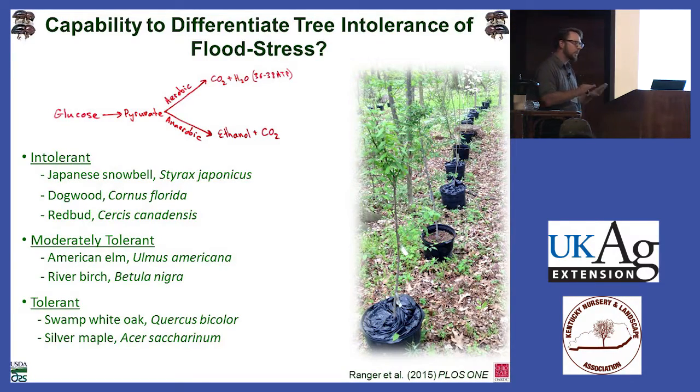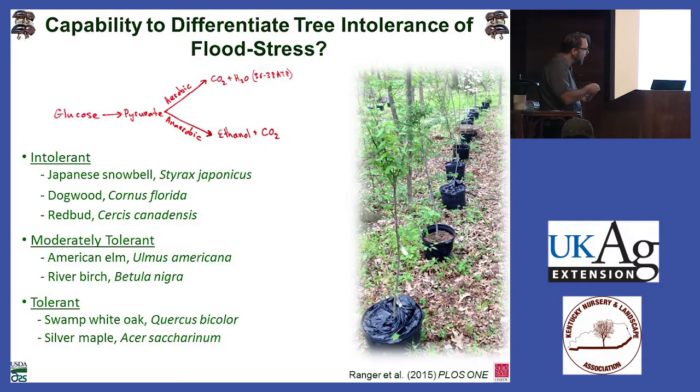There are some exceptions, but generally speaking, an intolerant tree is going to switch over to anaerobic respiration and then begin emitting ethanol, whereas a tolerant tree would not be emitting as much ethanol. So we thought, okay, let's give beetles a choice among these trees and see what happens.